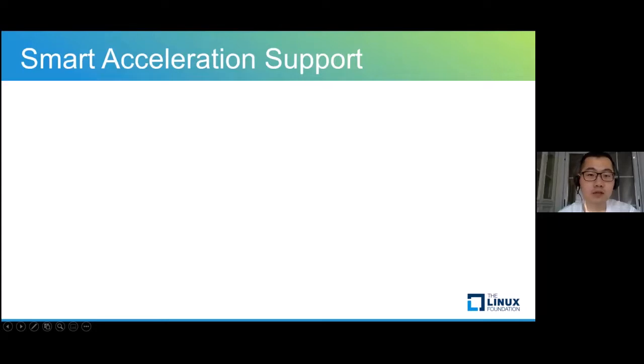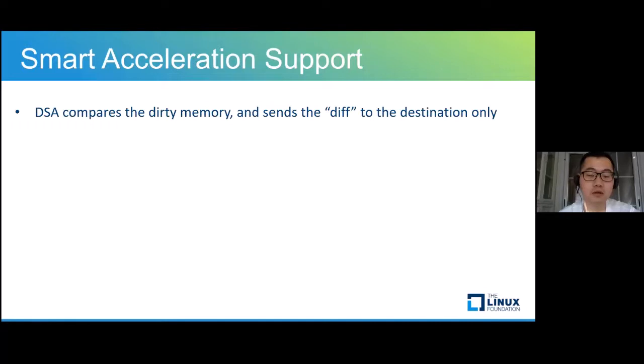And the second work we plan to do is smart acceleration support. This comes with the idea that DSA can do a delta of the dirty memory. The functionality is the same as XBZRLE in the current QEMU. It finds out the exact bytes that the guest dirties. For example, if the guest only writes 1 byte, there is no need to send the entire 4KB page to the destination.